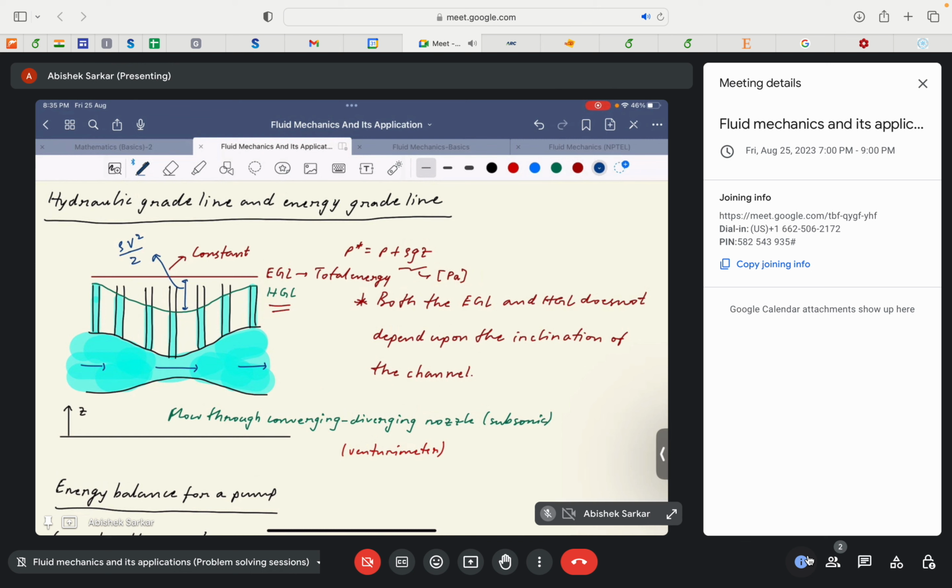In this region, since the area is quite large compared to the area of the throat, from the continuity equation for a steady incompressible flow, we get A1 V1 equal to A2 V2. So since A1 is greater than A2, it ideally gives that V2 is greater than V1.